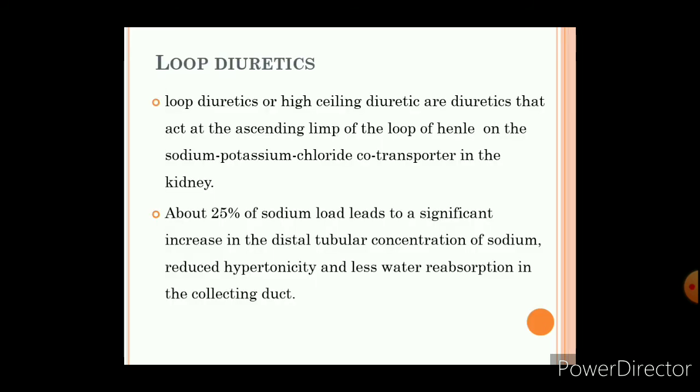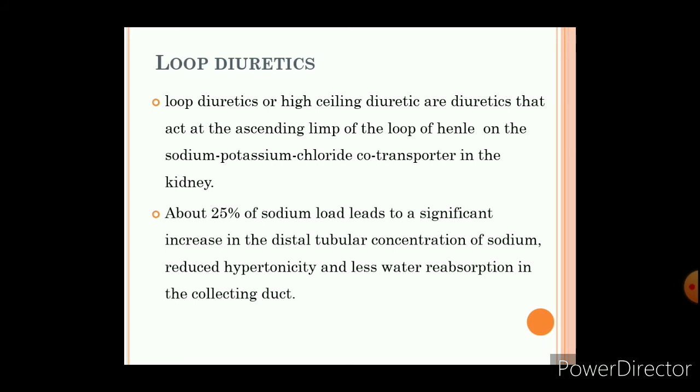The next class of diuretics is loop diuretics. Loop diuretics, or high ceiling diuretics, are diuretics that act at the ascending limb of the loop of Henle on the sodium-potassium-chloride co-transporter in the kidney.